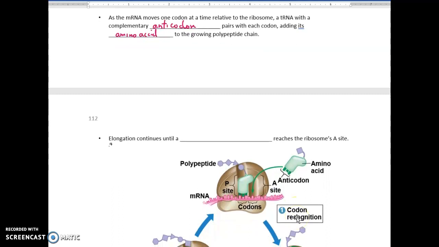Okay, so elongation will occur until we get to a stop codon, and that will terminate it.